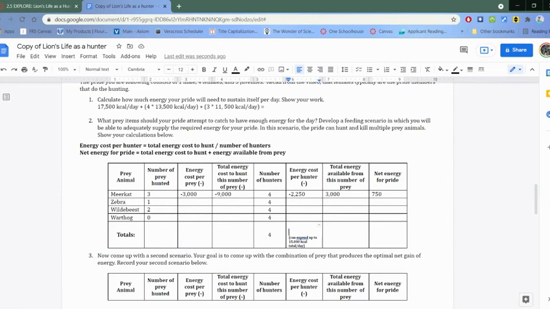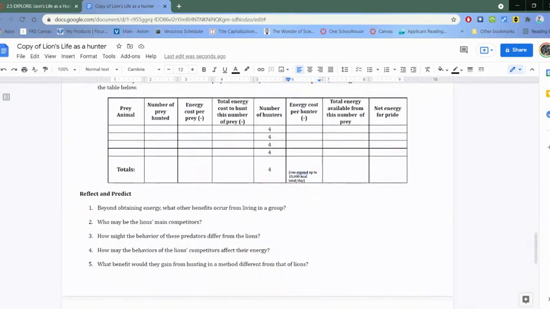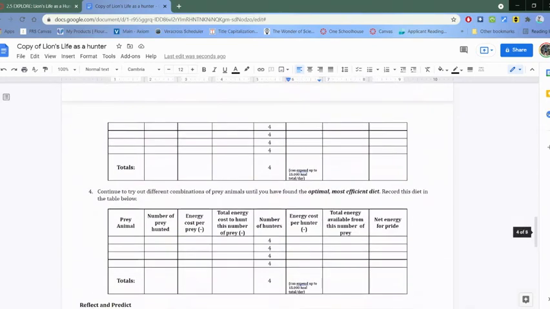I need to remember here that each hunter can only expend up to 15,000 kilocalories. So if these numbers end up higher than 15,000, I'm in trouble. And that's okay though, because we have space to do new feeding scenarios. You have space to do 3 different feeding scenarios.